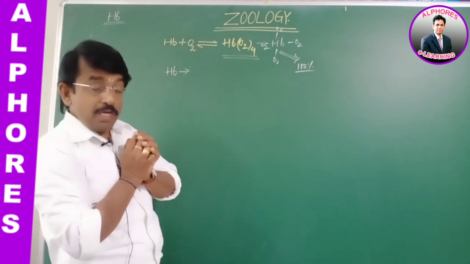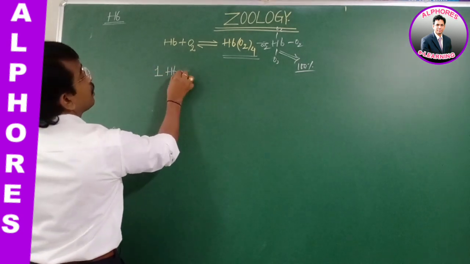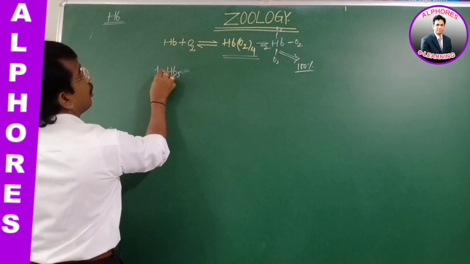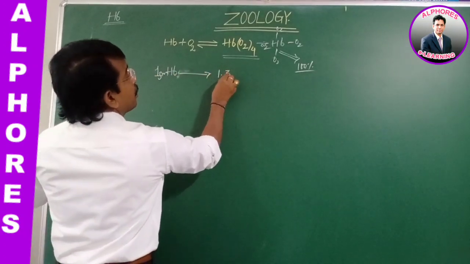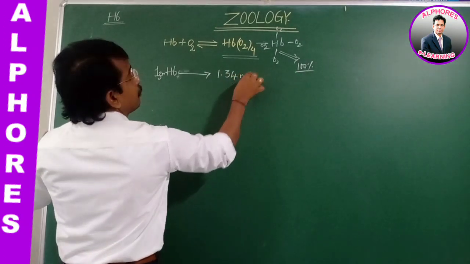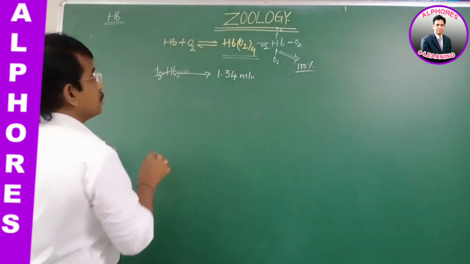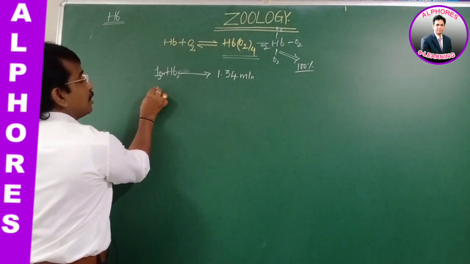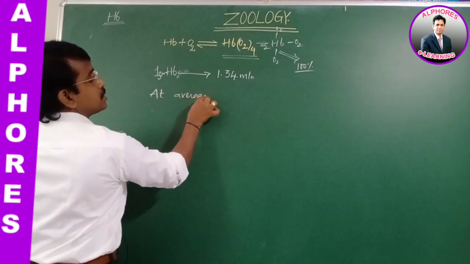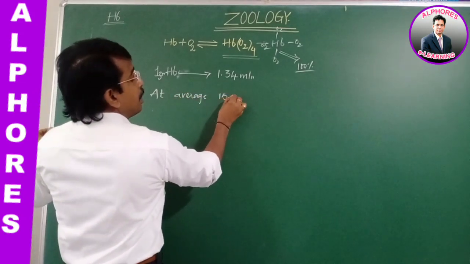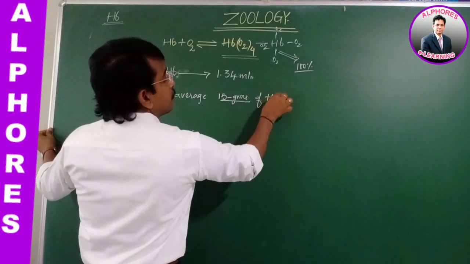So each 1 gram of hemoglobin carries 1.34 ml of oxygen. This is very, very important. On average, an individual will have 15 grams of hemoglobin.